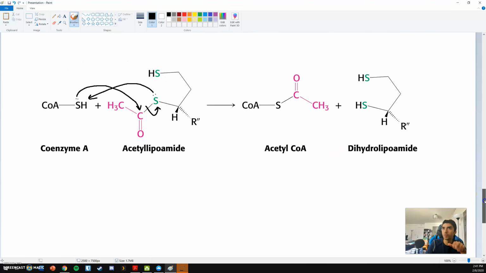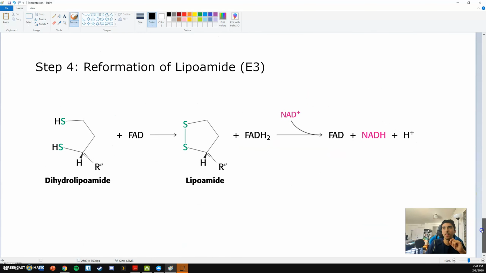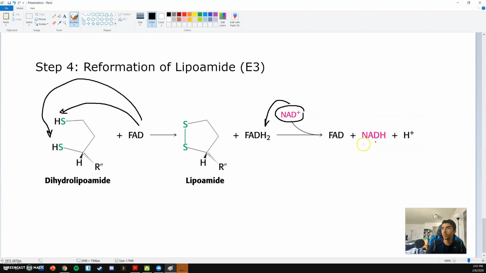So we proceed into a new step 4, which takes place in the E3 subunit of the complex, so that FAD coenzyme can grab these protons so that we get lipoamide reformed. As a result, we have FADH2 as well, which can then be oxidized by NAD+, by pulling a hydrogen, and then a proton is released. Ultimately, we get FAD reformed as well. We have NADH product and proton.